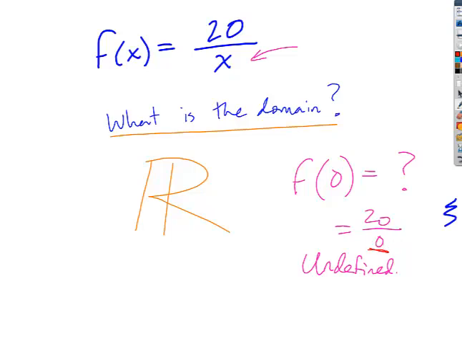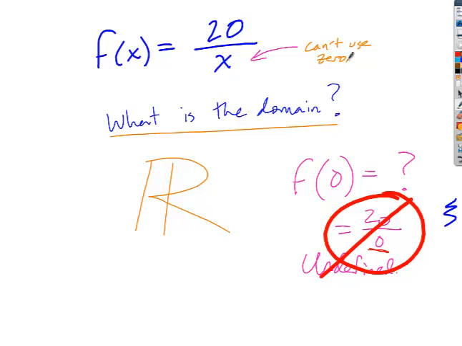We cannot do this because that is against the very definition of division. We can never divide by 0, right? So 0 is not allowed. Can't use 0 there.